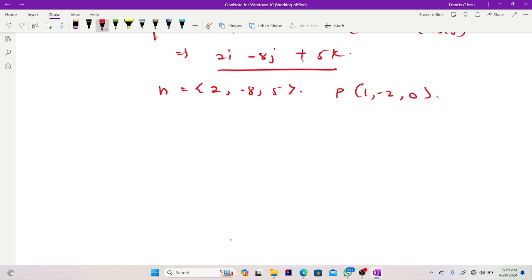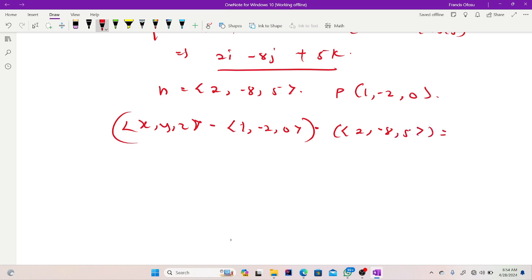here you just write (x, y, z) minus the known one, (1, -2, 0), dot (2, -8, 5), and it should be equal to 0.